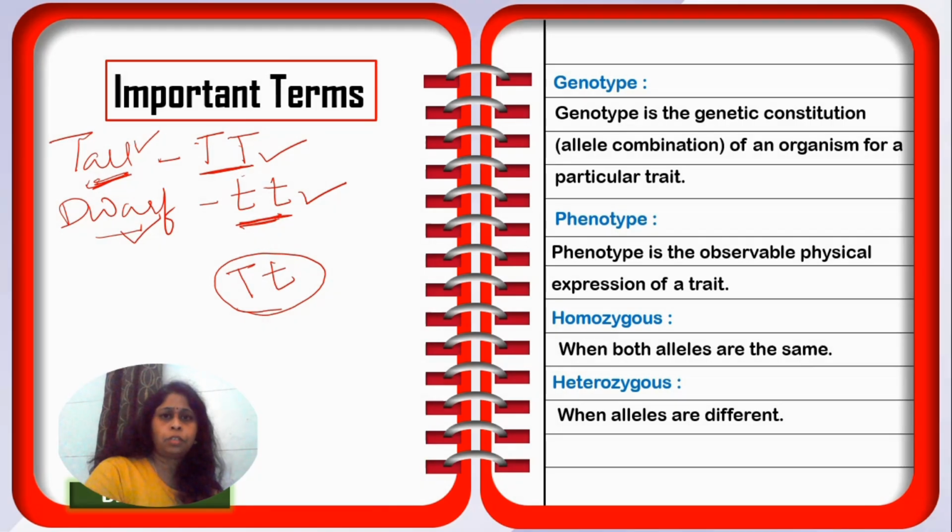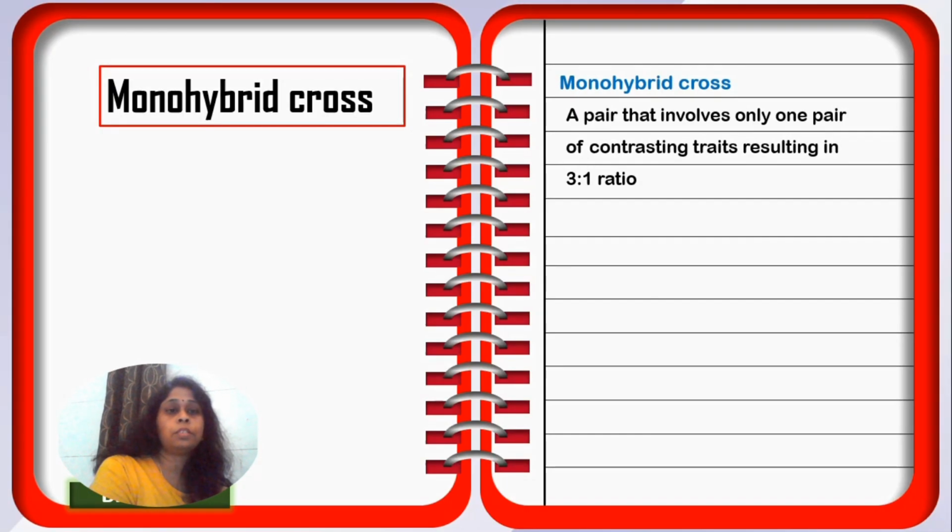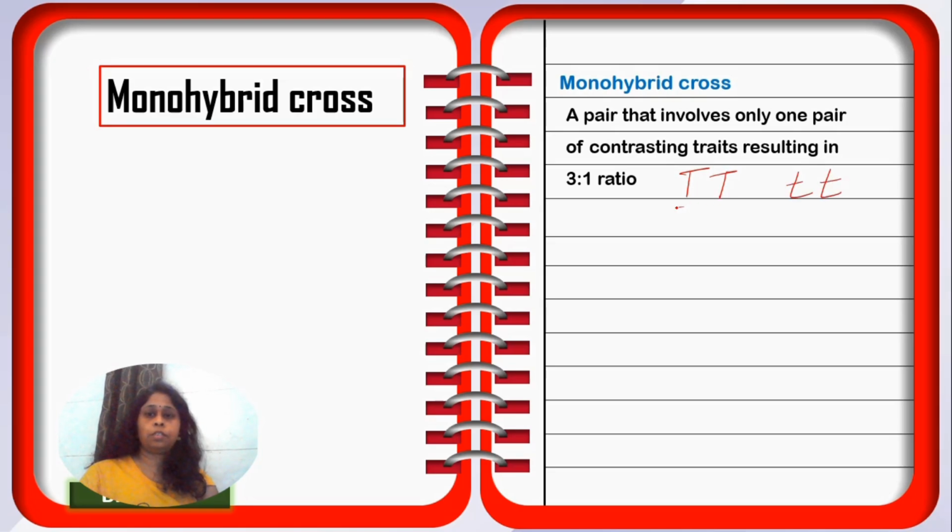Okay. So these are some of the important terms associated with genetics, and please study them for the examination. Okay, now let's see the difference. What is a monohybrid cross? A monohybrid cross is a cross that involves only one pair of contrasting traits. What are contrasting traits? Traits means capital T or small t, so this is a trait, right?